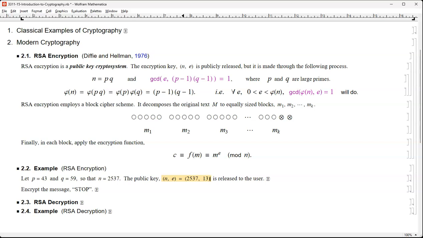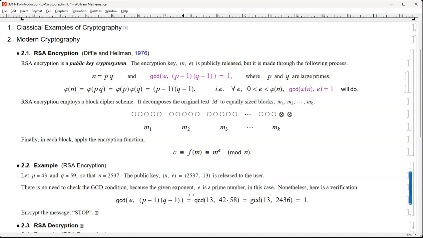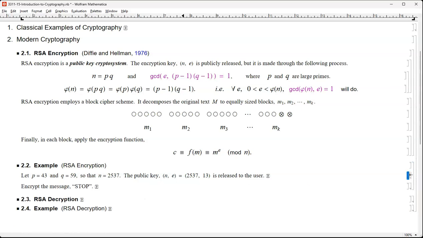And please recall, 13 is a prime number, so I don't really have to bother with the GCD condition here. A prime number is relatively prime to everything, but I did it anyway. And then encrypt the message STOP. Okay, all right, let's do that.